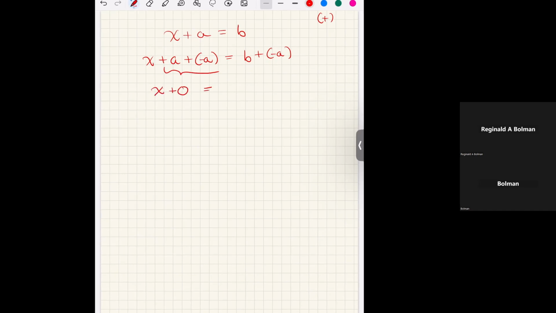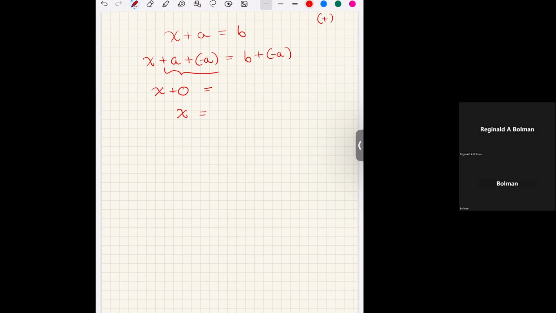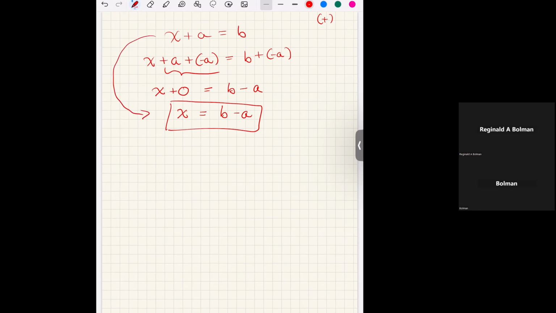So whatever value is being added to x, that value is going to add to 0 on the left-hand side. And of course, we know that x plus 0 is just x because of the identity law. But on your right-hand side, you'll have b plus a negative a, which is the same thing as b minus a. So we know now that we have a general procedure by which we can go from a LEOV one-step under addition to its solution by simply using the additive inverse.